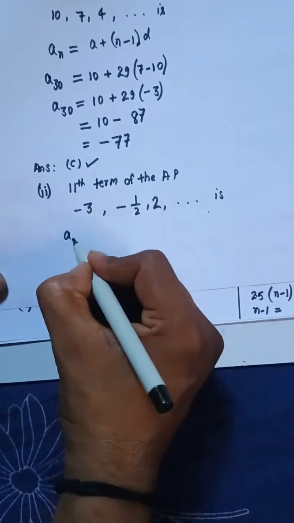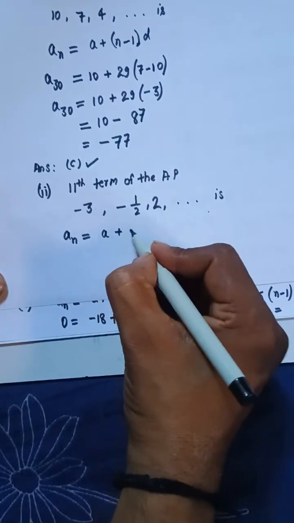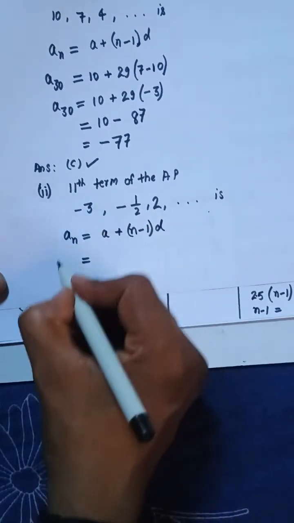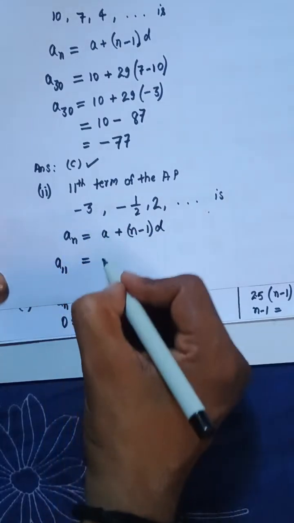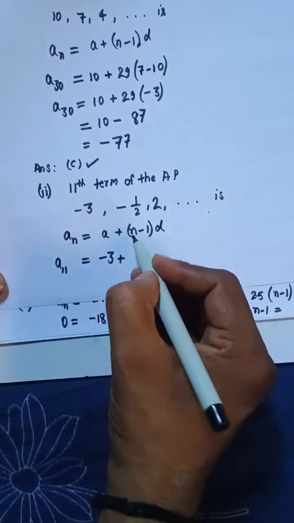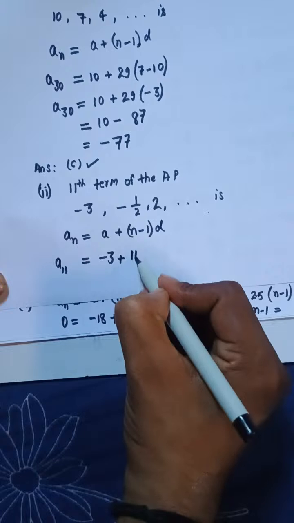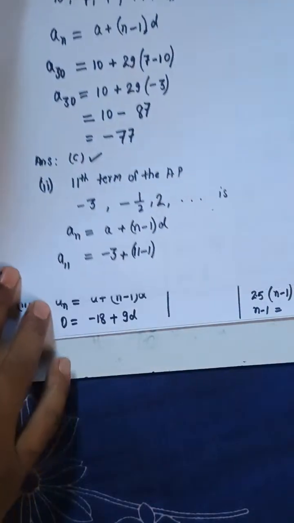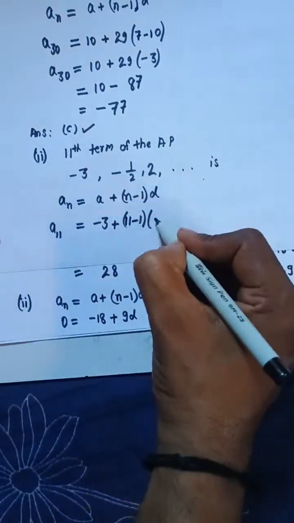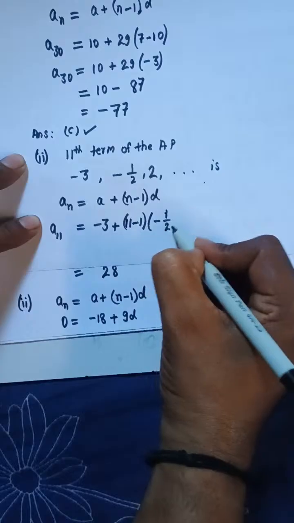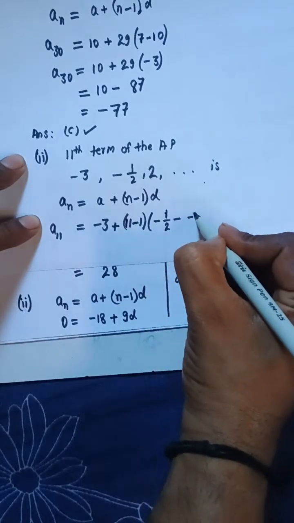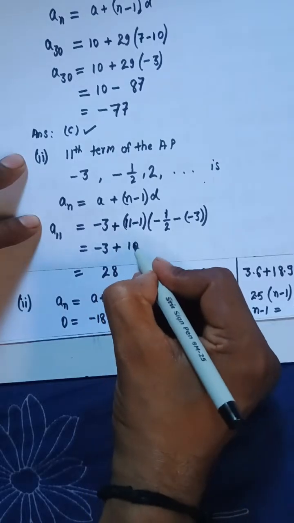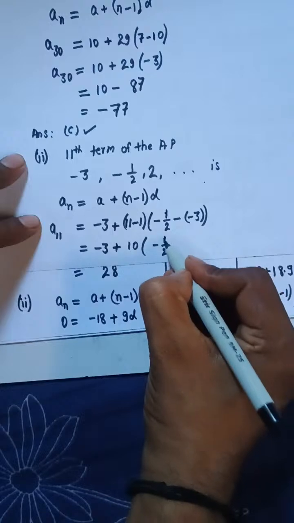So we will apply this formula, an is equal to a plus n minus 1 and then d. an is the 11th term, so this is a11, and a is -3 here, plus n minus 1, n is the 11th term, so 10 comes from 11 minus 1, and d. d here is next term minus previous term, so this is directly -1/2. -3, then 10, then -1/2, minus minus plus, clear?